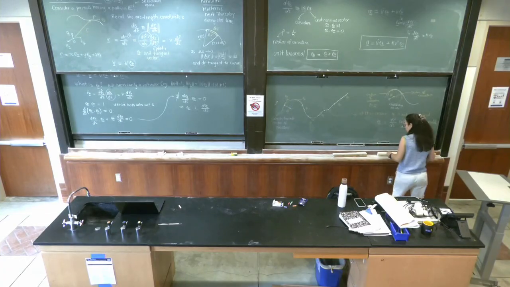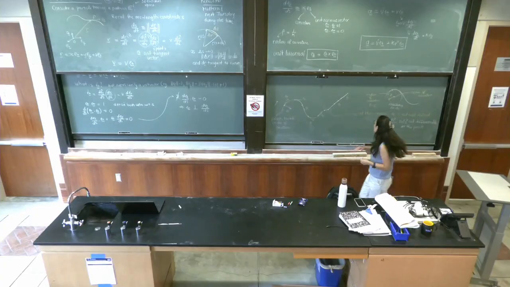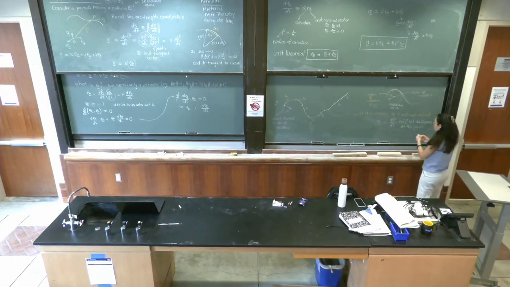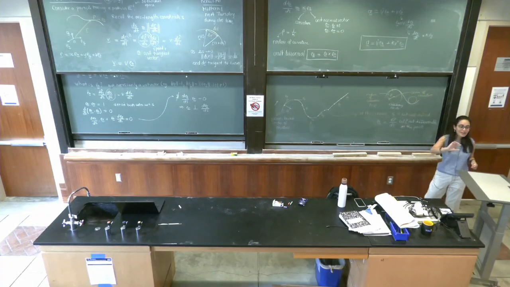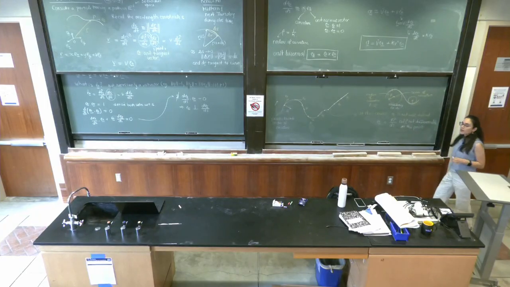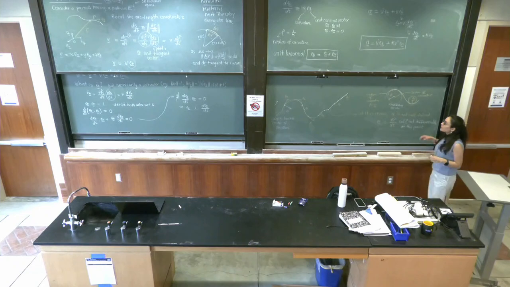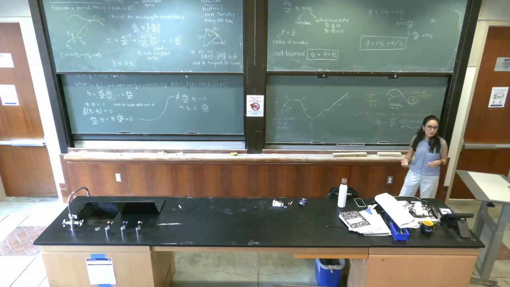As the curve has more curvature, for example, if I have here, so this is the osculating circle here. The radius of curvature is less, the curvature is more. Where does En point at this point? Towards the center of curvature. So En is always going to point towards the center of curvature.